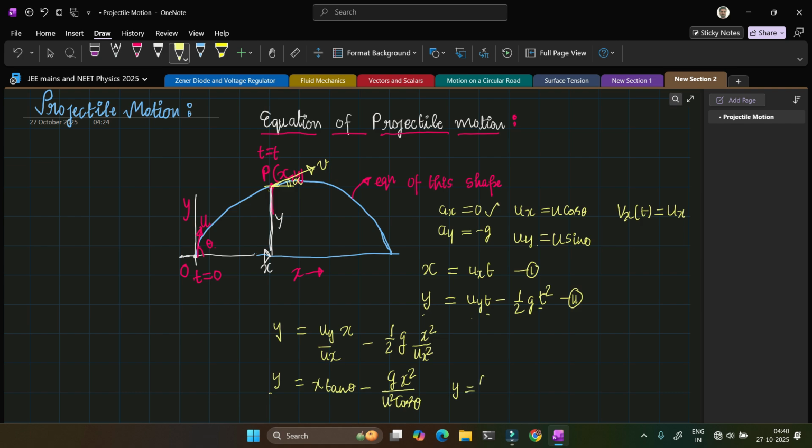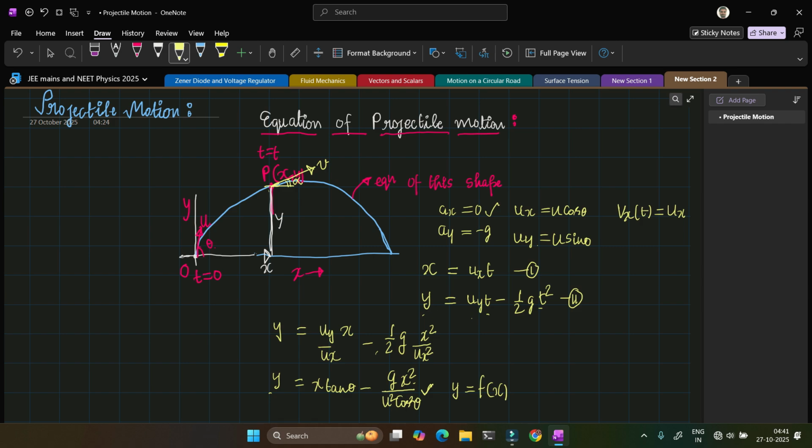There is an x to the power 2, so we say that this is a quadratic equation, or a parabolic equation, because y and x have a relationship of the type y equal to x square.